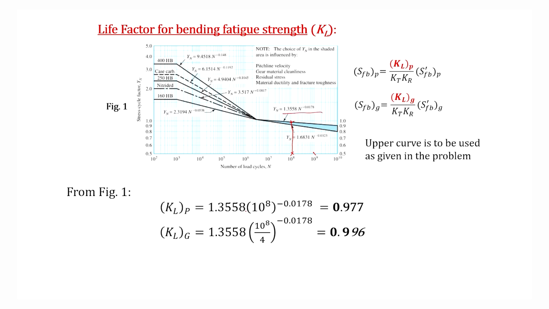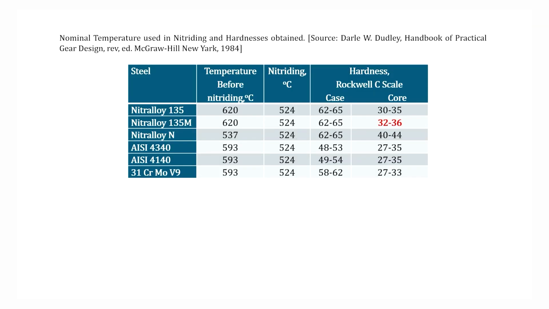So, we have used the formula. In place of n we have substituted 10 to the power 8 number of cycles for the pinion, and for the gear the life of the gear will equal the life of the pinion, which is 10 to the power 8 divided by gear ratio mg, which is equal to 4. So, life factor is determined.